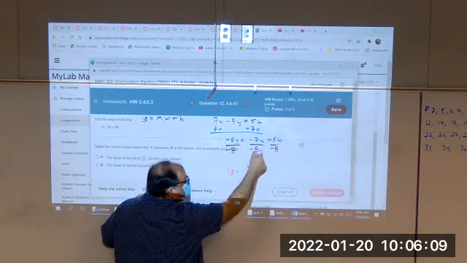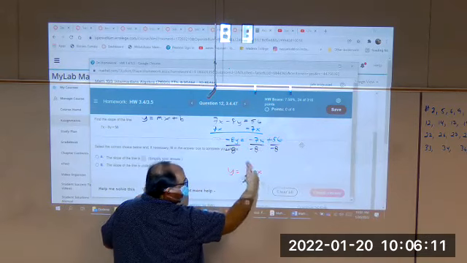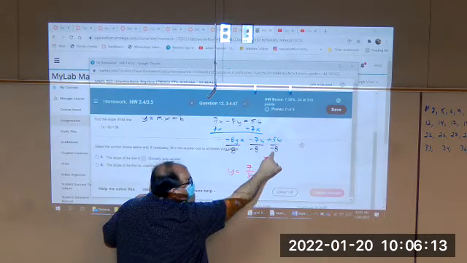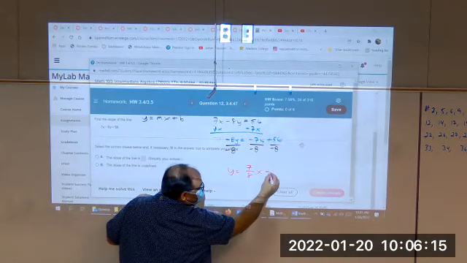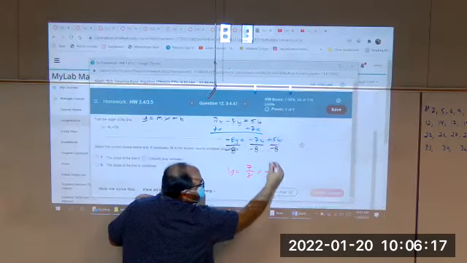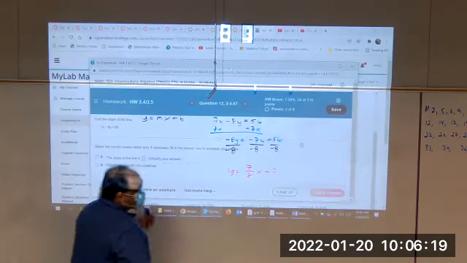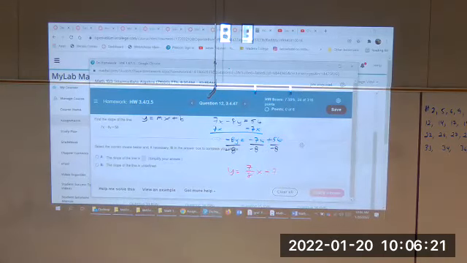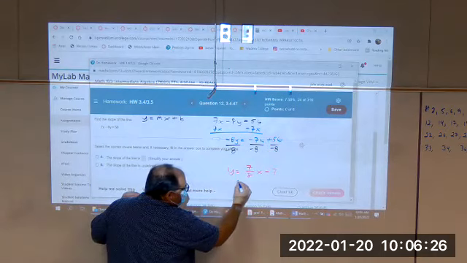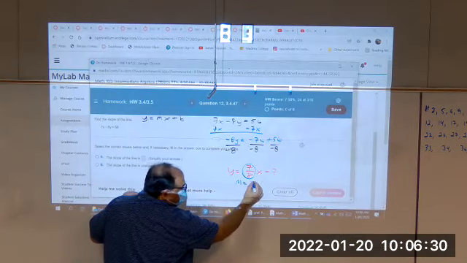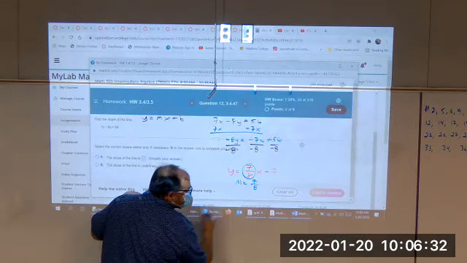And just in case you have to do something else later with this problem, positive over negative would be negative. 8 goes into 56 7 times. So my slope, the coefficient of x, is 7 over 8.